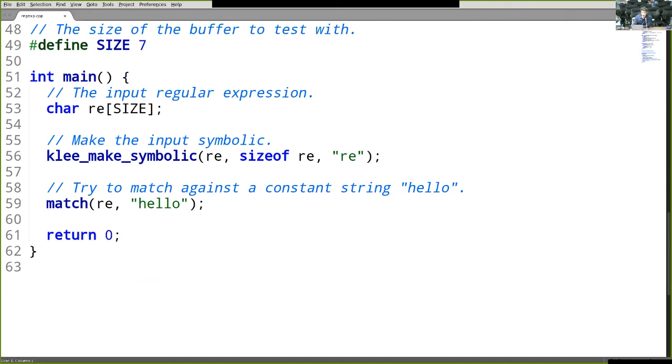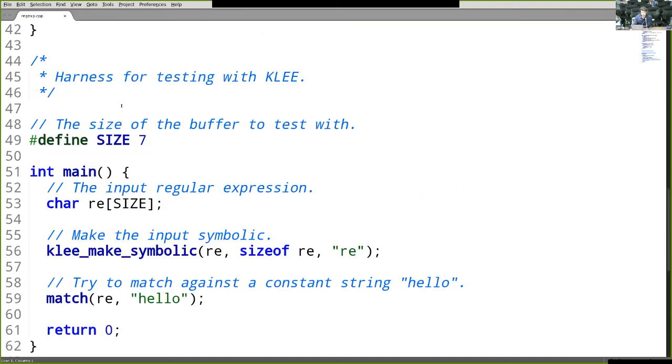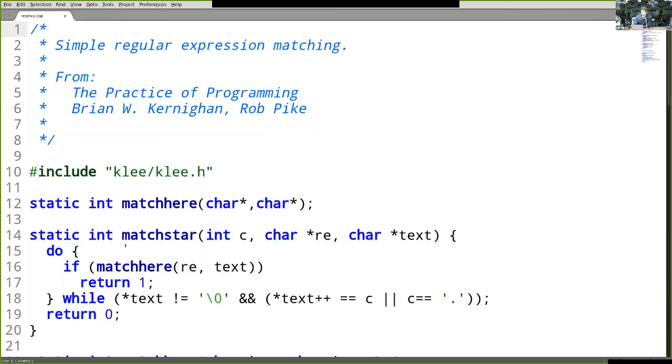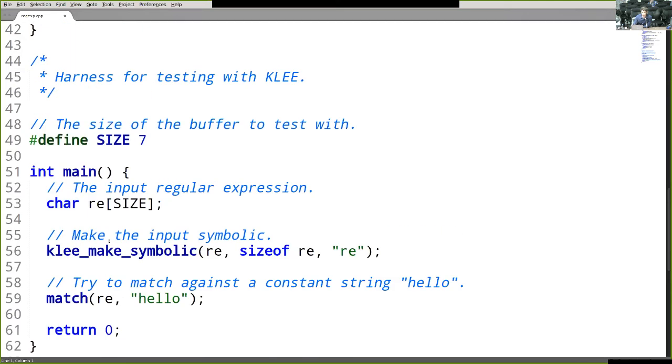We have a buffer of size 7, and we fill it with non-deterministic values. This is the way we make symbolic values in klee. We just include the klee header and tell it that the contents of the buffer are symbolic. And now we try to enumerate regular expression patterns that will match the string hello.